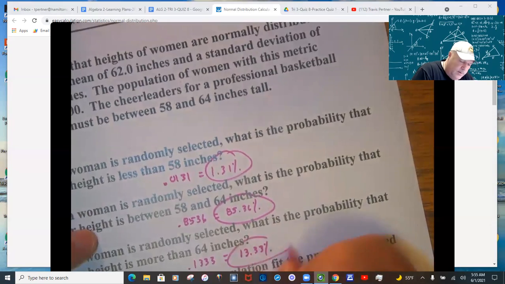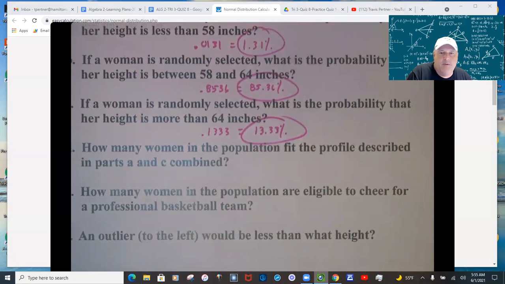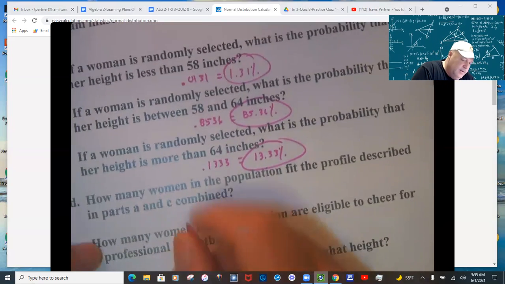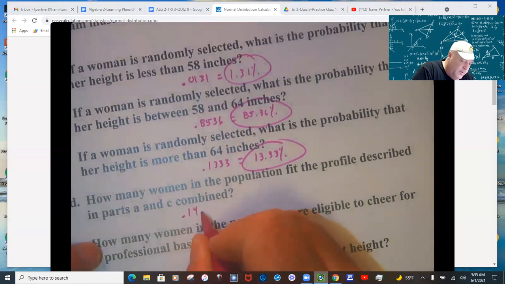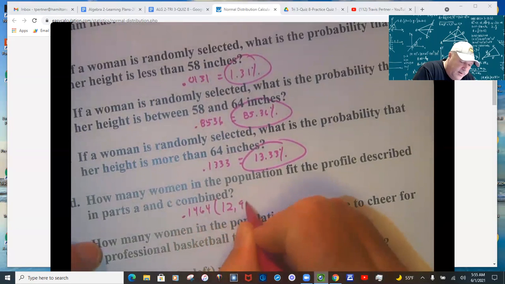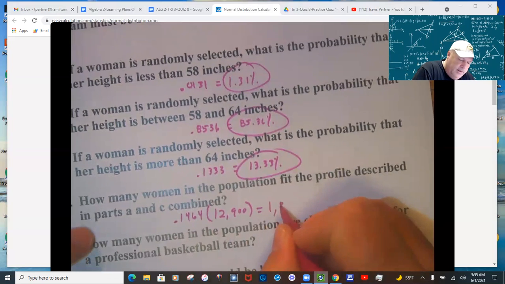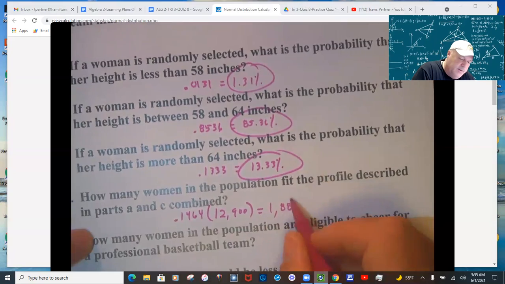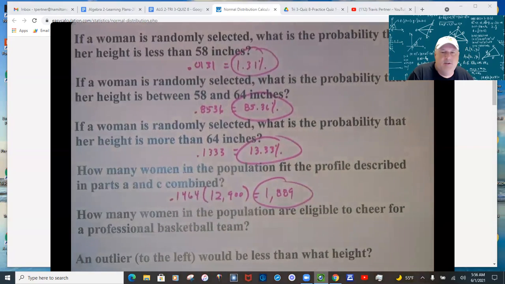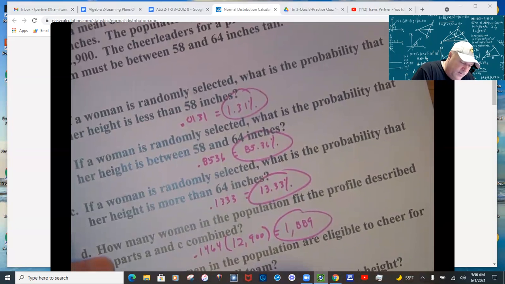So you combine A and C because that would give you the percent of the population that would not be eligible to cheer. We're going to multiply that by 12,900. And that's going to give us about 1,889 approximately. I won't be too stringent on your rounding techniques.